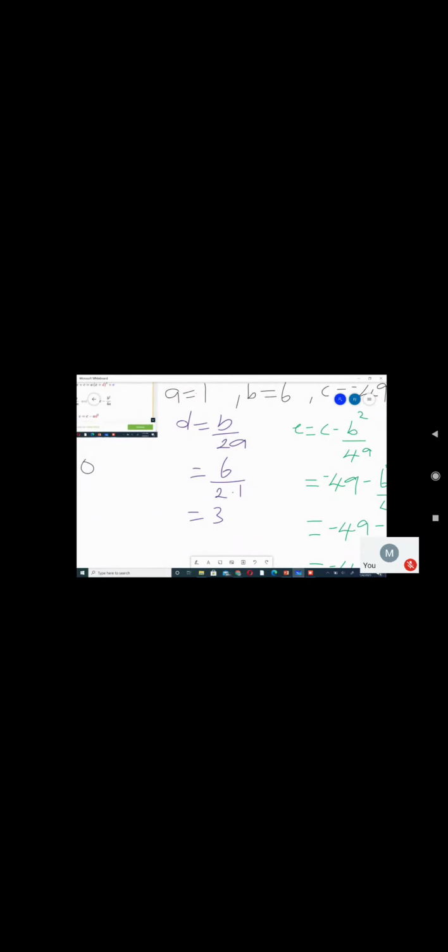What value did we get for d down here? Remember, this was the value for d. We worked it out before we started the question. So the value of d is positive 3. So it would be plus 3.